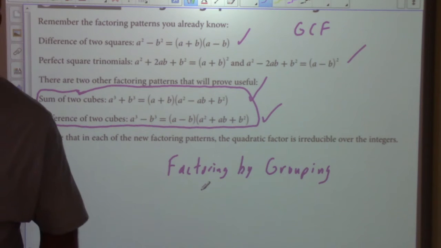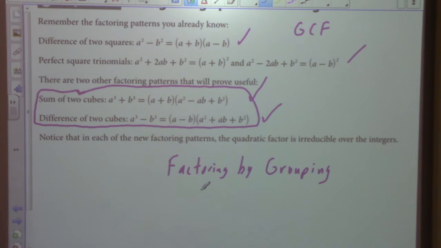And of course, with squares, you don't have a sum of squares, because that's not factorable. But a sum of cubes is factorable in this manner here. So those are the things we're going to be using. But always first you use what? Or try what? Greatest common factor, thank you.